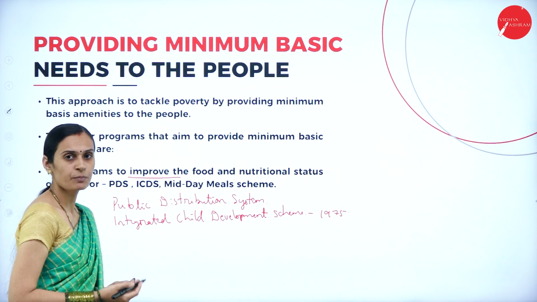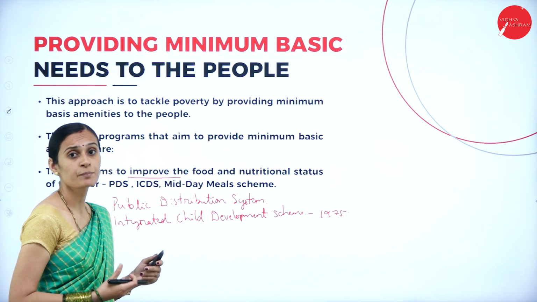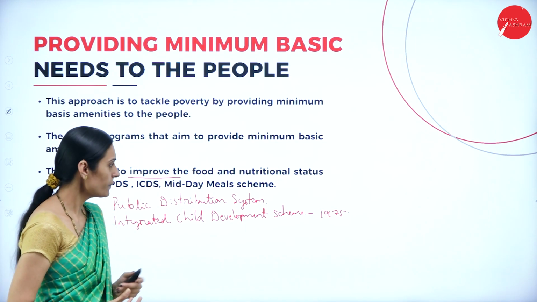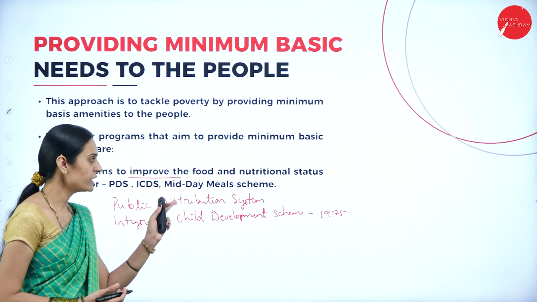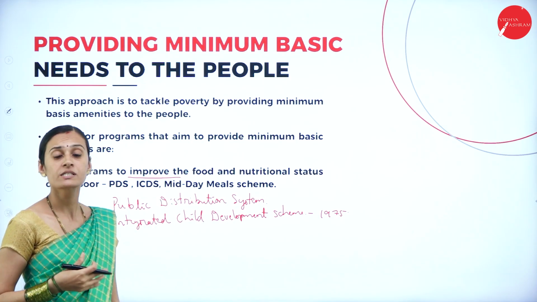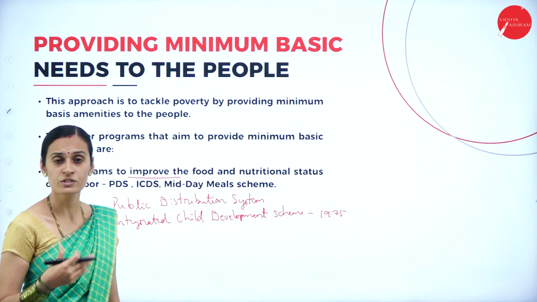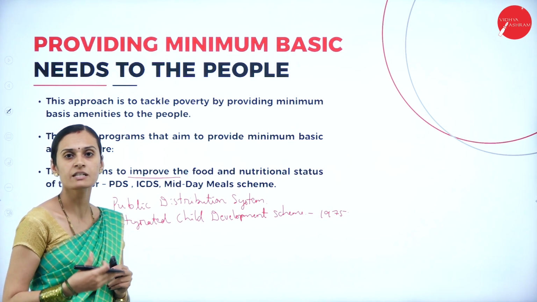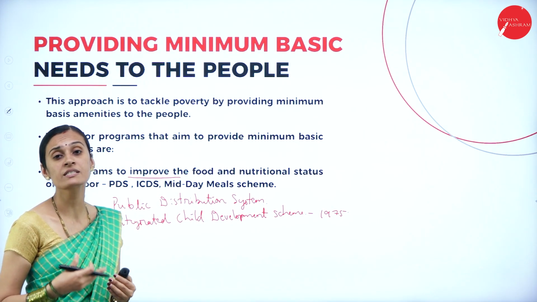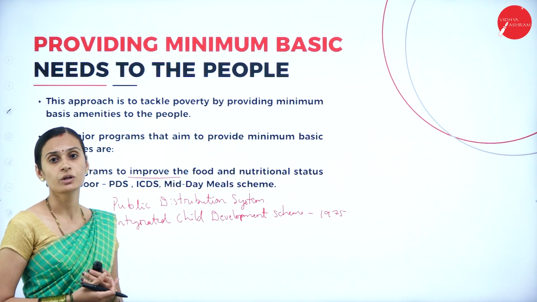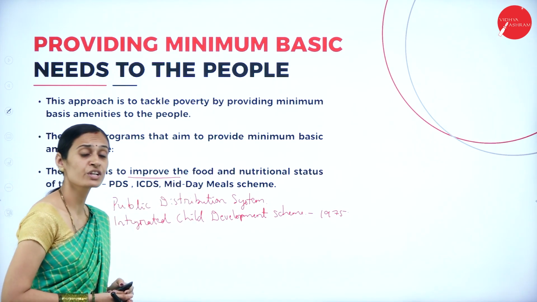This scheme aims to improve nutritional status and provide education. And the next one, the Midday Meals Scheme, which started on 15th August 1995, a centrally sponsored scheme. This program was first attempted by Tamil Nadu, who introduced it to increase the number of children attending school. So these are the three important programs which improve food and nutritional status.